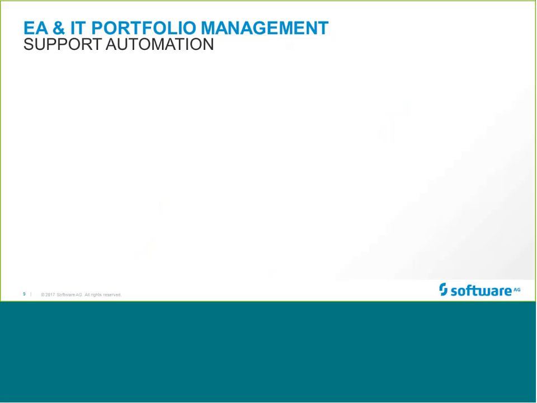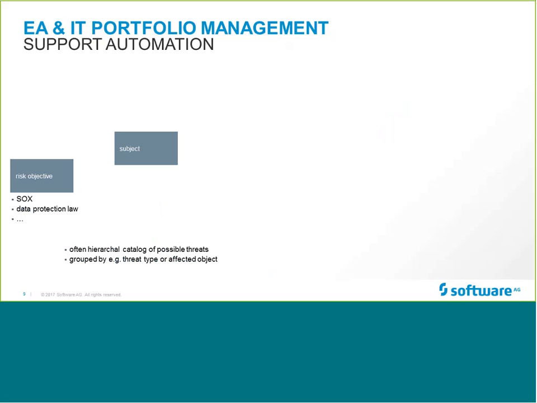From the automation perspective, I just want to have a quick look at the typical sort of process and why this is important. When we look at risk management, one of the things we do is a risk assessment, and that starts with a risk objective. And that could be Sarbanes-Oxley, it could be GDPR, a data protection law, or another one. But basically what we do is, based on that risk objective, we define which is the IT scope which is impacted, which applications, processes, locations, etc. do we need to assess.